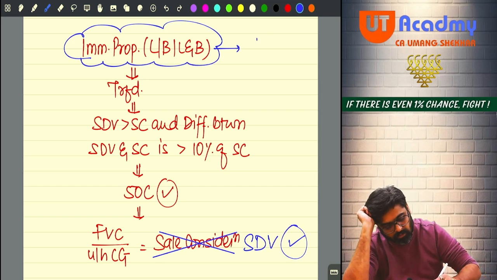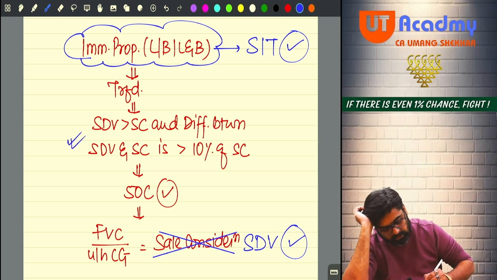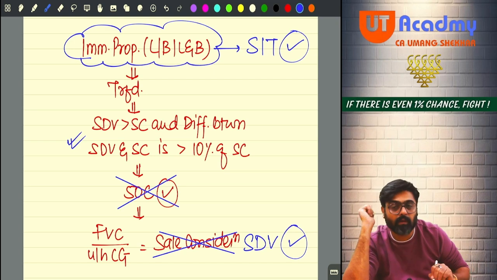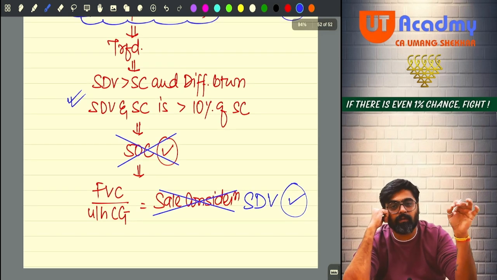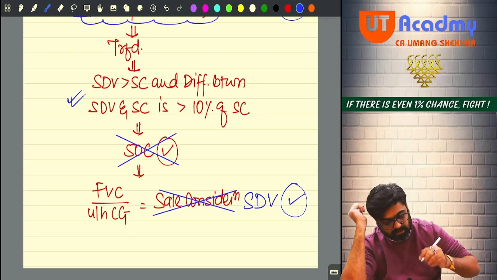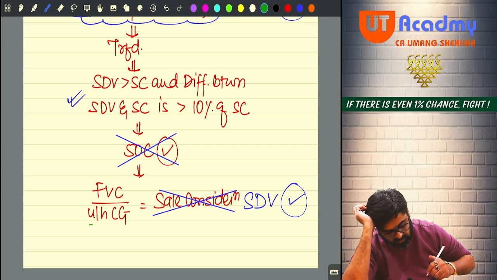So if it is sold as stock in trade, and all the conditions are fulfilled, still 50C cannot be applied. Still 50C cannot be applied. And the stamp duty value cannot be taken. The sale consideration will be taxable under the head, under which head? PGBP.